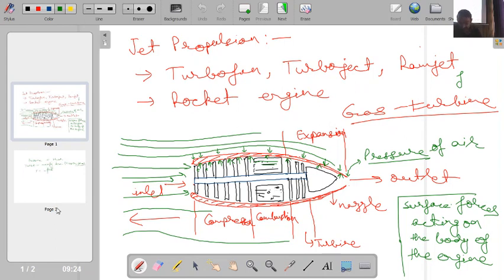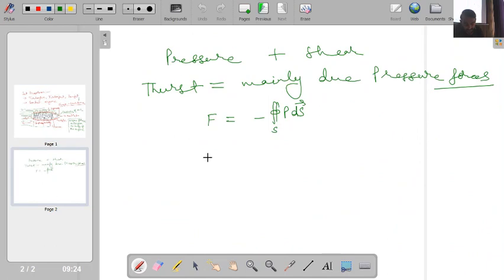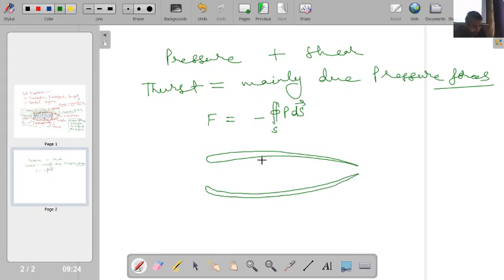Okay. So what I am saying is, I have considered, say, this is my one branch and this is the lower portion. Okay.